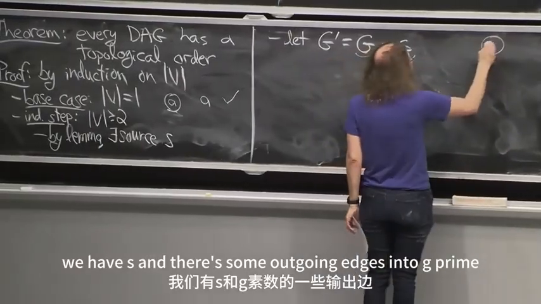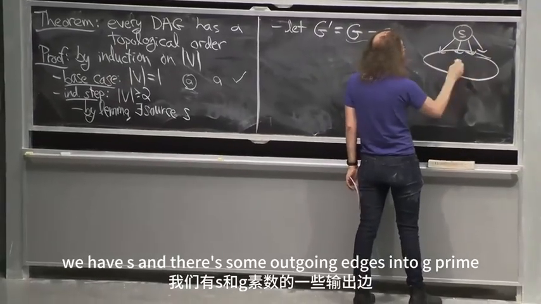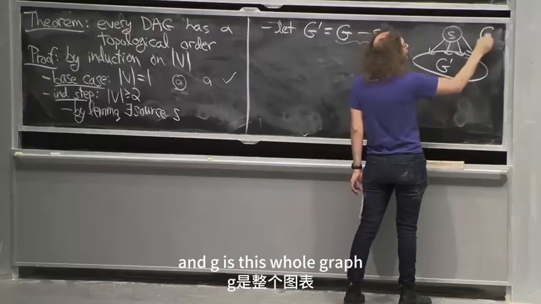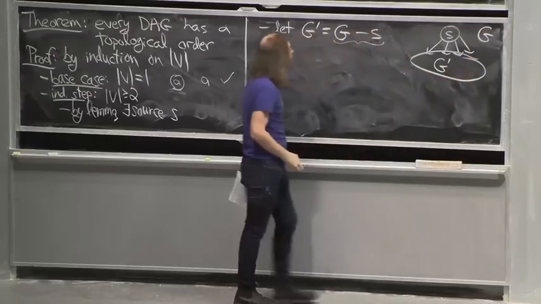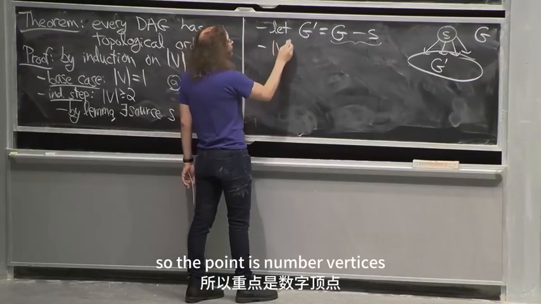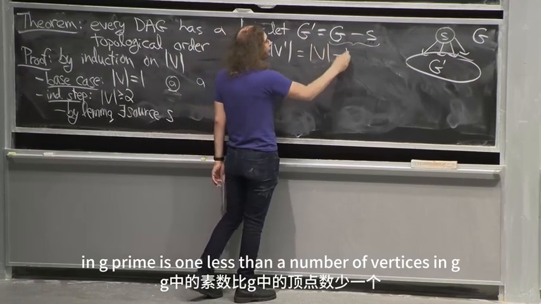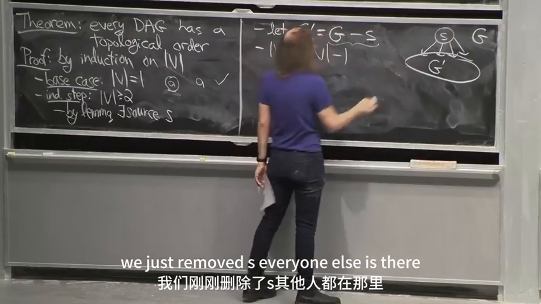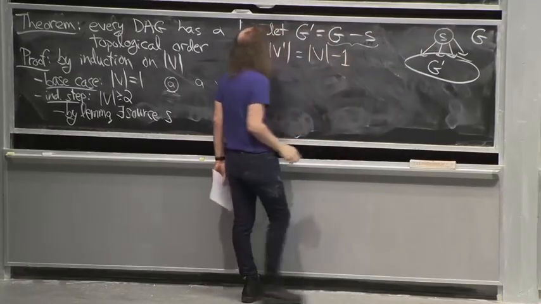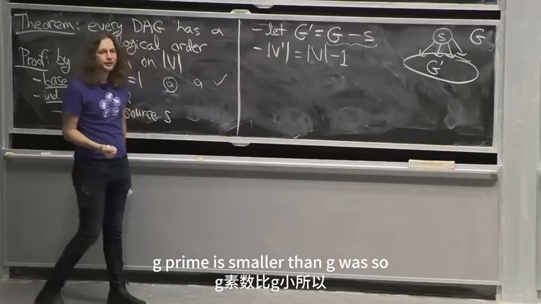So here we have S, and there's some outgoing edges into G prime, and G is this whole graph. Okay, so the point is the number of vertices in G prime is 1 less than the number of vertices in G. We just removed S, everyone else is there. But in particular, G prime is smaller than G was.